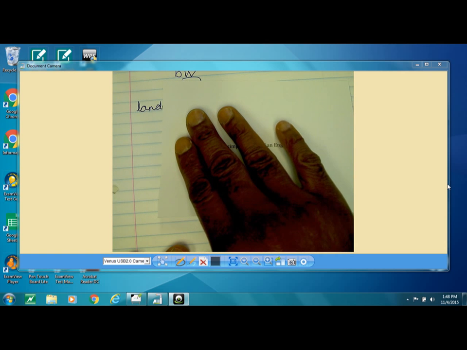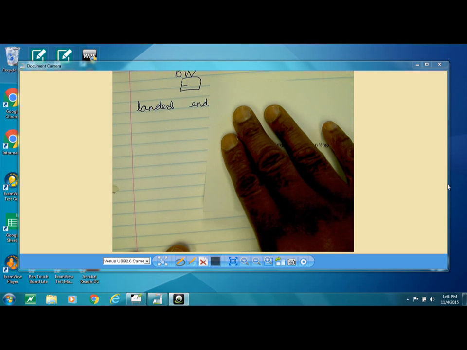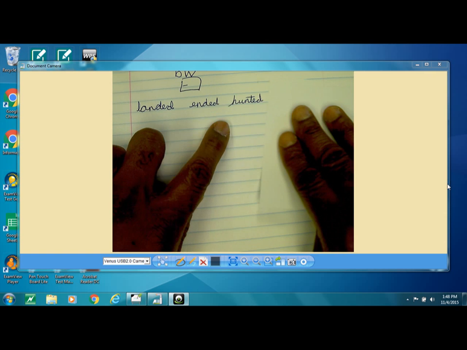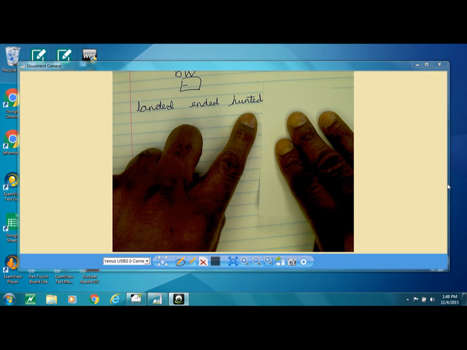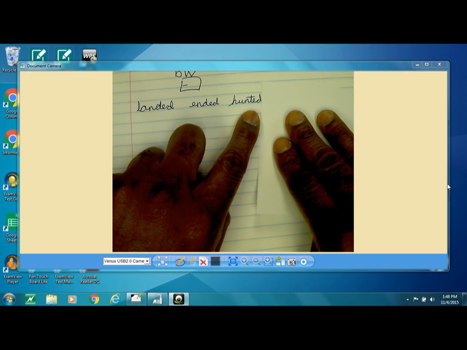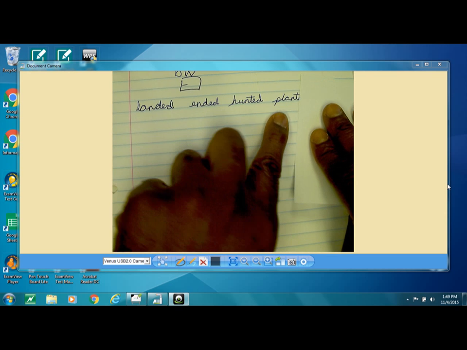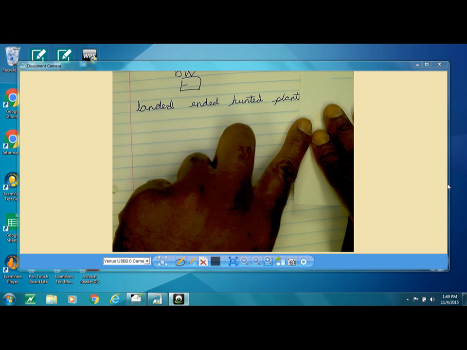Land. Yes, we would. If we cover up suffix ed, would we have a base word? End. Yes, we would. Hunt. Yes, we would. Plant. Yes, we would.